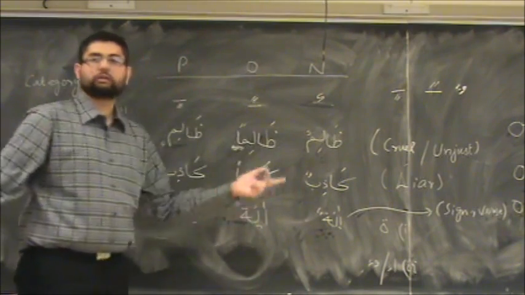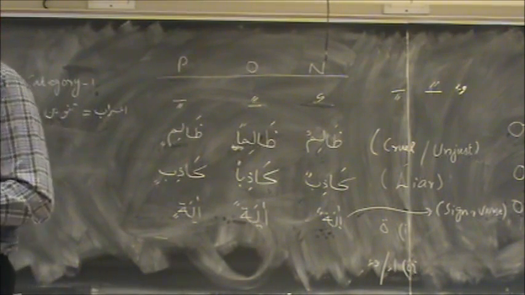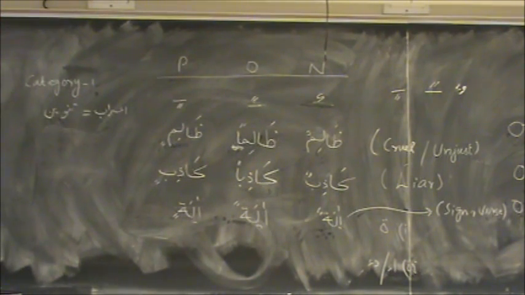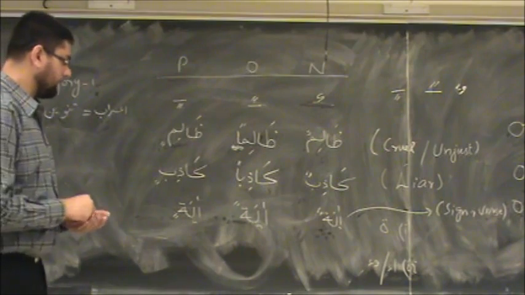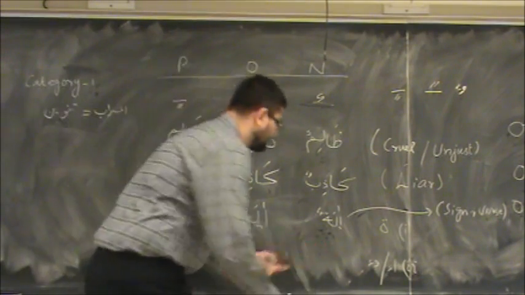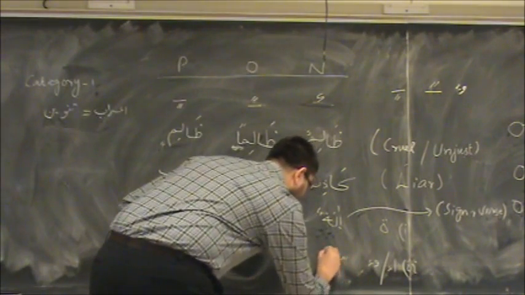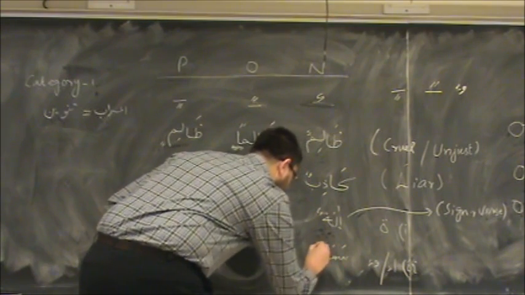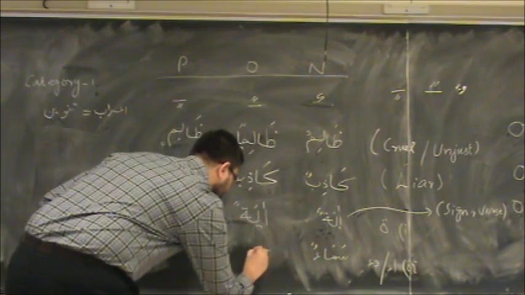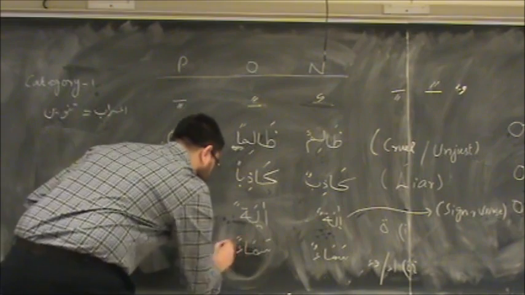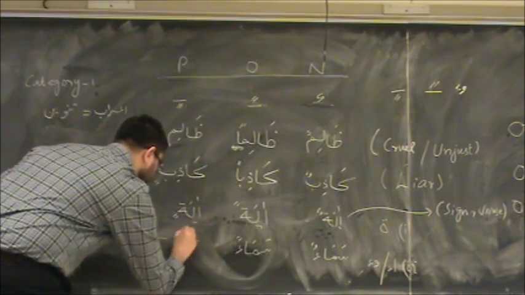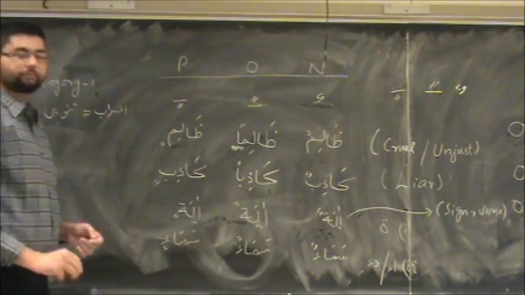Like other examples, sayyi'atun, which means evil deed. And then jannatun means garden or paradise, and so on. And here, for example, if you have sama'un, which is sky, here it will become sama'an, sama'in.